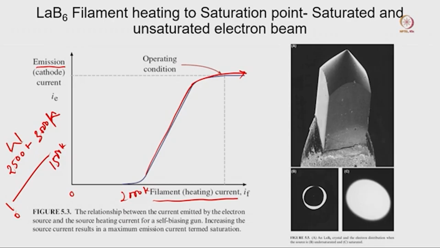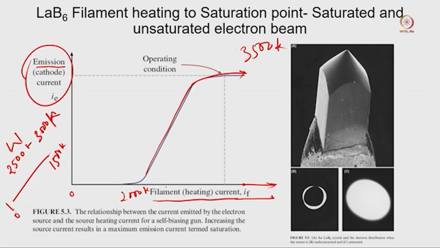sometimes operators or users just constantly increase the heating of the filament. Even if you increase the heating of the filament to 3500 Kelvin, it is not going to increase your brightness or change your emission current anymore.